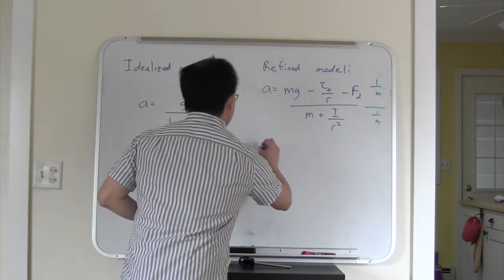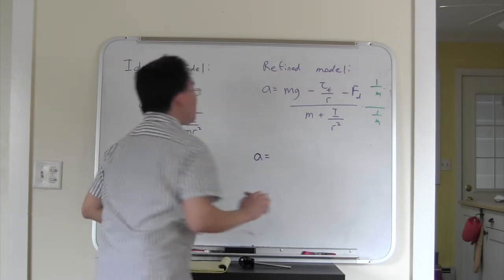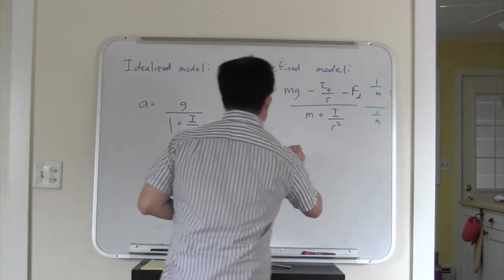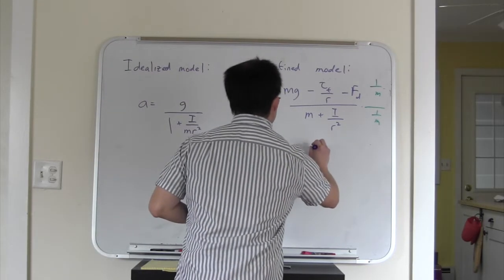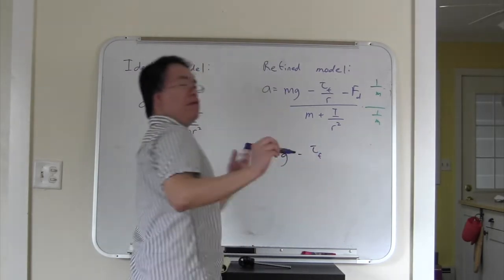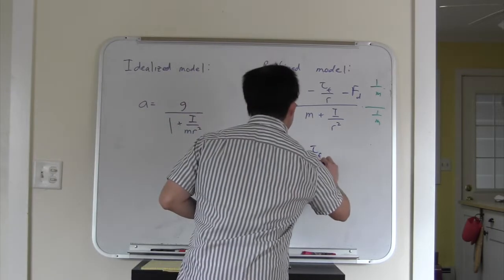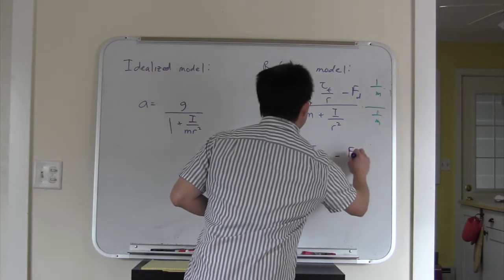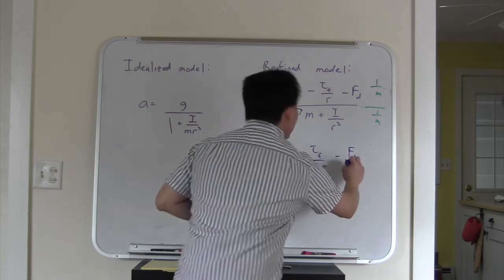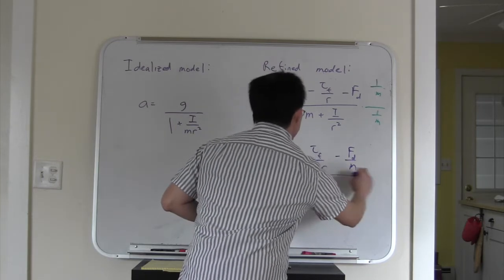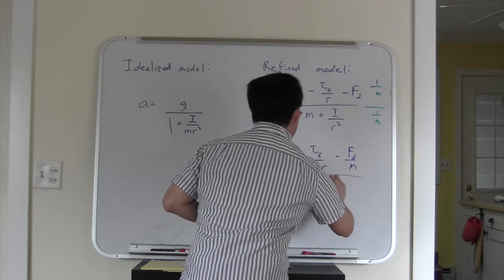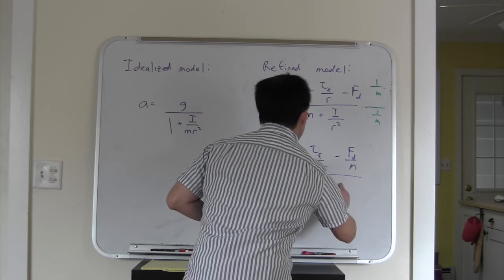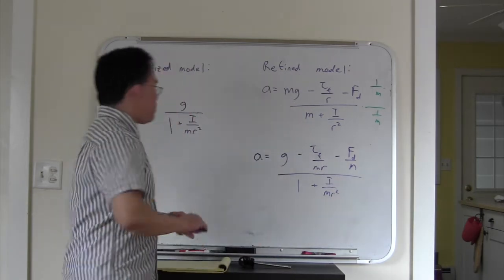The result I get is g minus tau frictional over m r, minus F_d over m, divided by 1 plus I over m r squared.